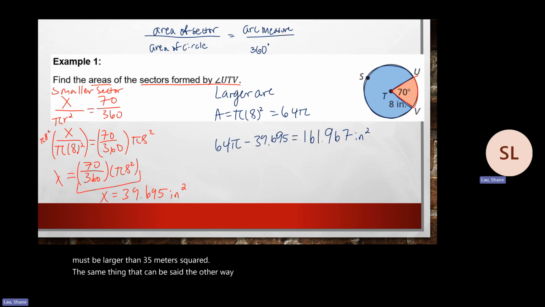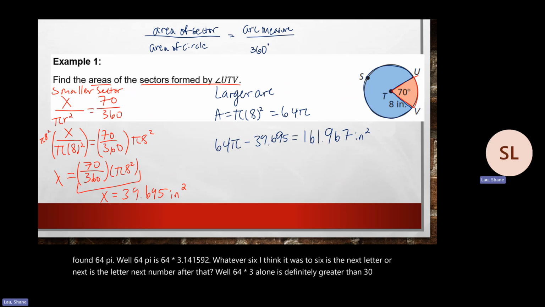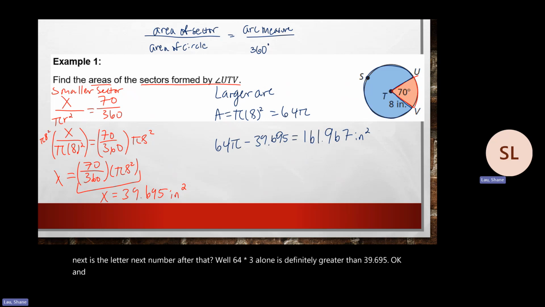If we were looking at our larger arc, we found 64 pi. Well, 64 pi is 64 times 3.14159 and so on. 64 times 3 alone is definitely greater than 39.695.